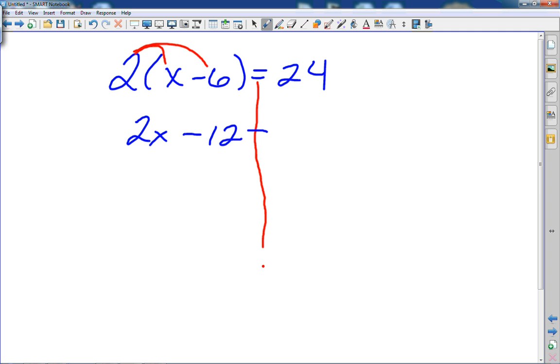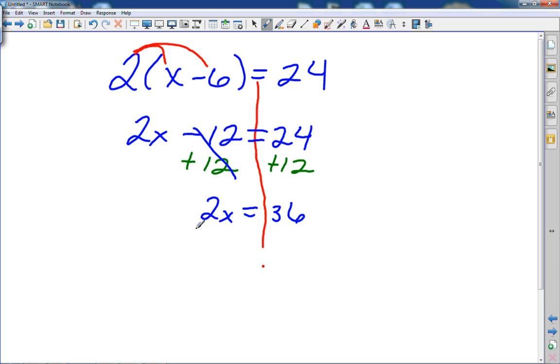Minus 12 and negative 12 mean the same thing. Now I'm going to add 12 to each side. I get 2x equals 36. Divide by 2. X equals 18.